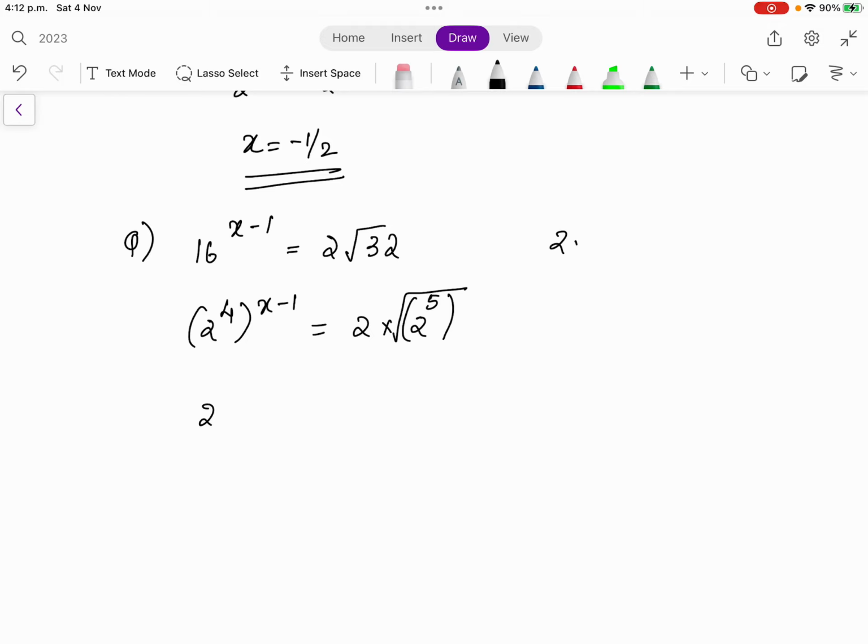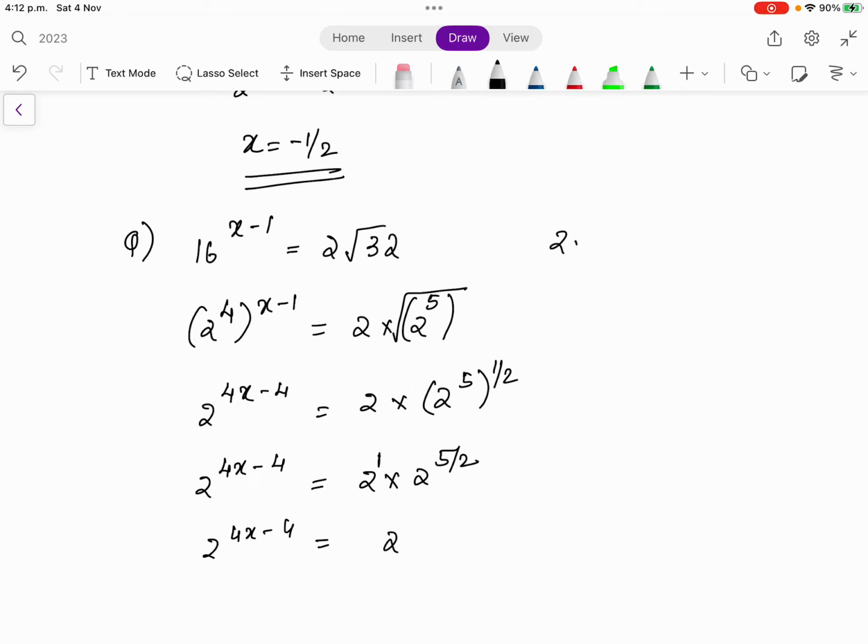So then this one will become 4x minus 4, and the right side will become 2 times 2 to the power of 5, to the power of 1 over 2. Okay, square root of something is to the power of 1 over 2. So this will become 2 to the power of 4x minus 4, which is equal to 2 times 2 to the power of 5 over 2. And 2 can be written as 2 to the power of 1. Then I simplify the right hand side again.